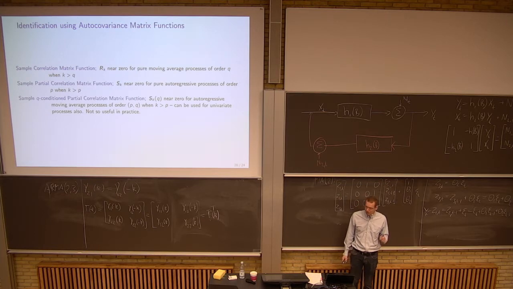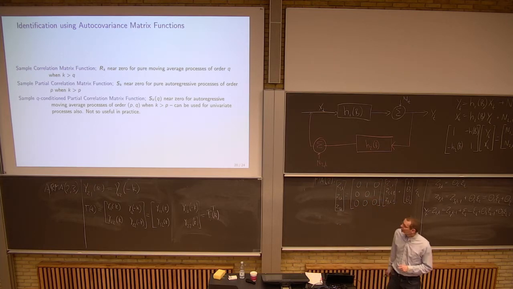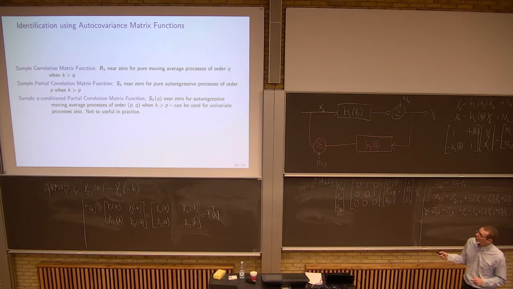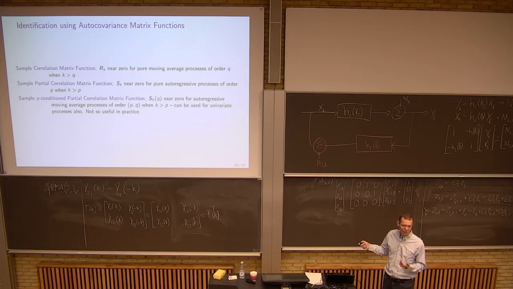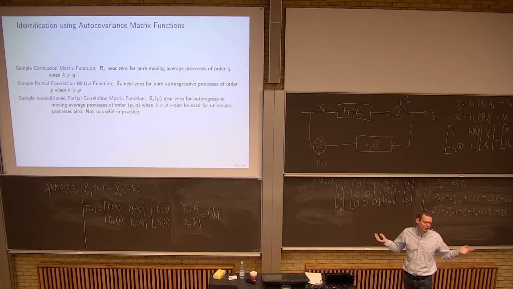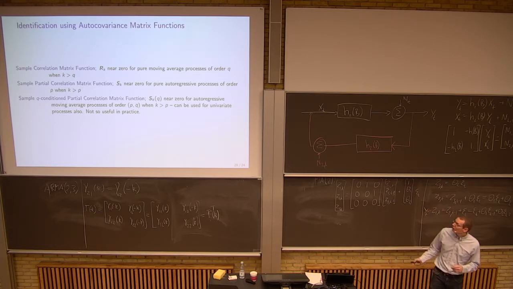So, identification. We need to identify what we're looking at before we can estimate parameters next week. We look at the auto-covariance matrix functions. Or I tend to always use the correlation function instead because it's normed.